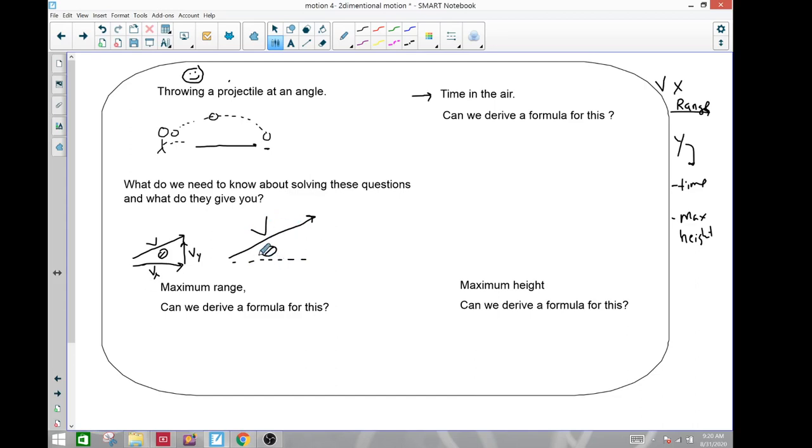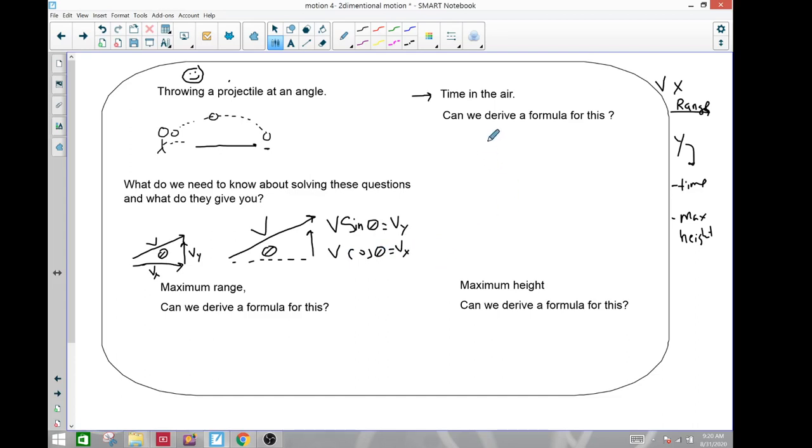We've done this a couple times already. The magnitude, which is the velocity of the vector, times the sine of the angle gives me the velocity in the y, and the velocity of the throw times the cosine of the angle gives me my velocity in the x direction.